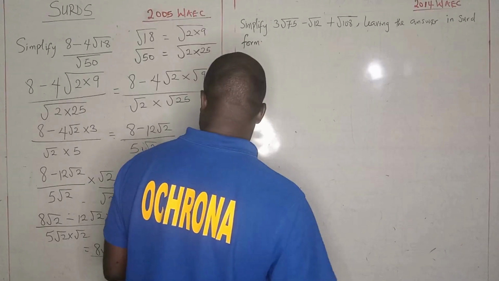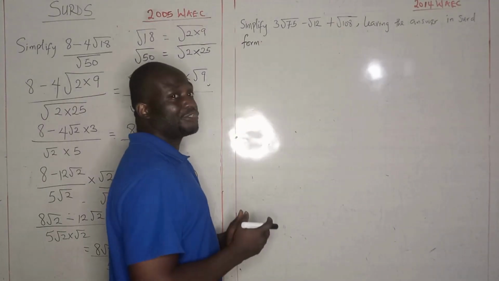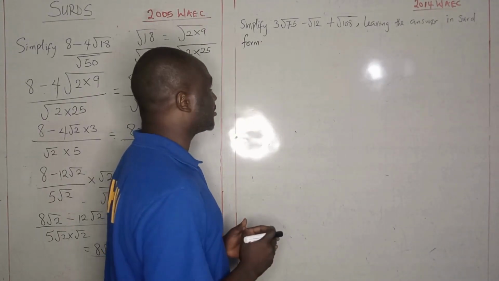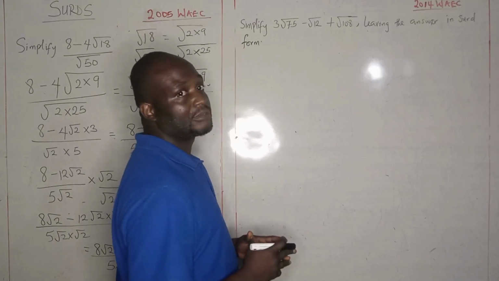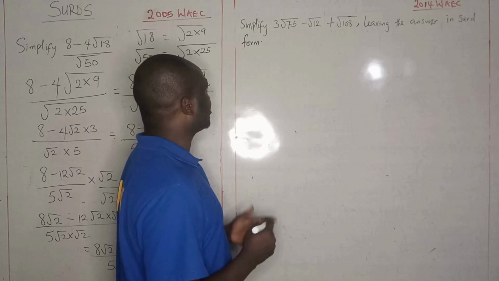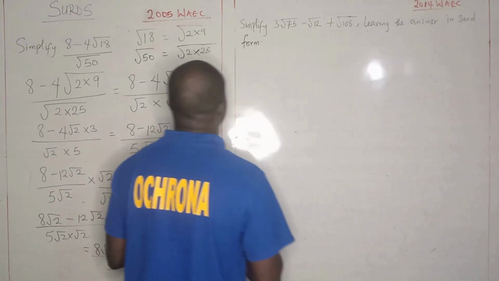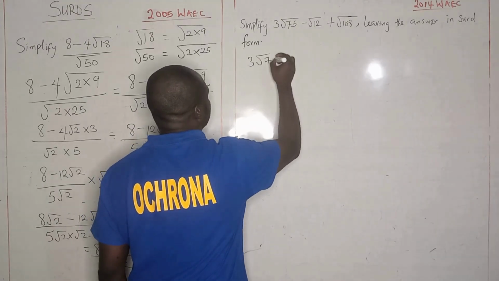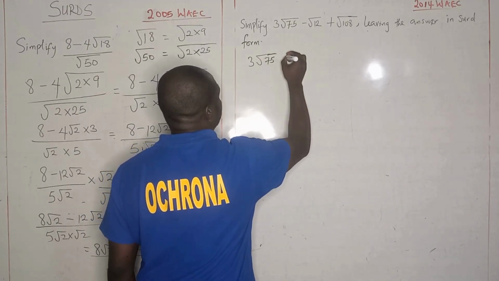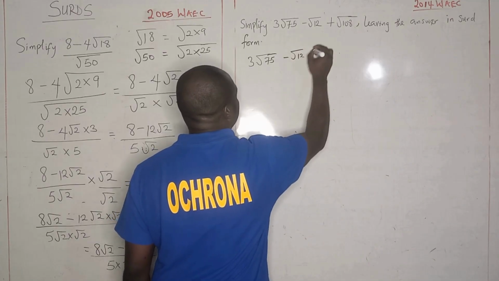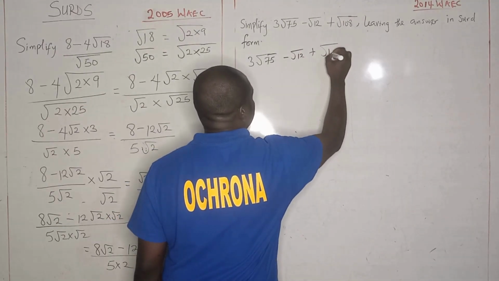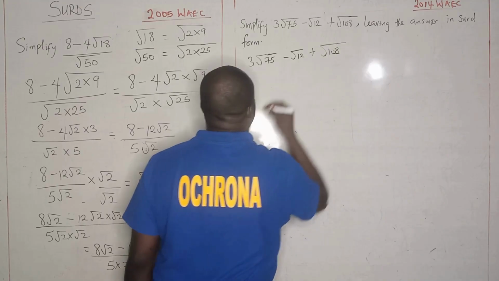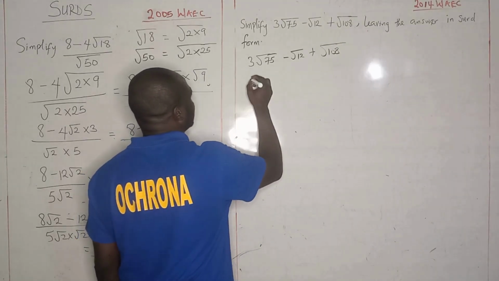Now, this by now should be simple for every student following this class. You should know what to do by now. So what do we do? We say 3 root 75 minus root 12 plus root 108. We need to break them down.